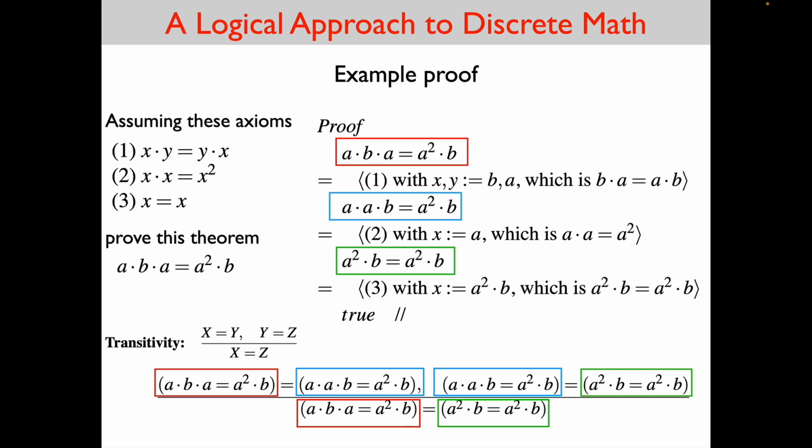And in the second step, we showed that the blue expression equals the green expression. And by transitivity, therefore, what have we shown? That the red expression equals the green expression. In other words, if the first one is equal to the second one, and the second one is equal to the third one, then the first one has to be equal to the third one. You see? So we didn't have to do any transitivity manipulation there. But the structure of the proof depends on it.